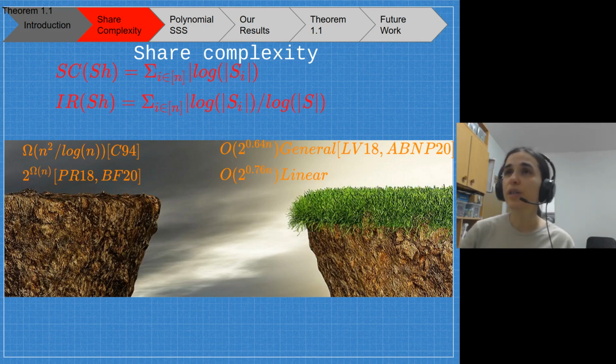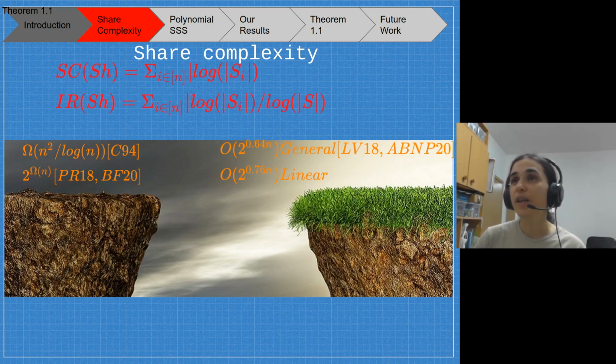And here, let me stress 2 things. So first, the lower bounds are for the information rate, so they're actually even stronger. And also note that for linear schemes, for a fixed field, say let's treat the field size as a constant, one could get an existential 2 to the omega n lower bound just by counting.